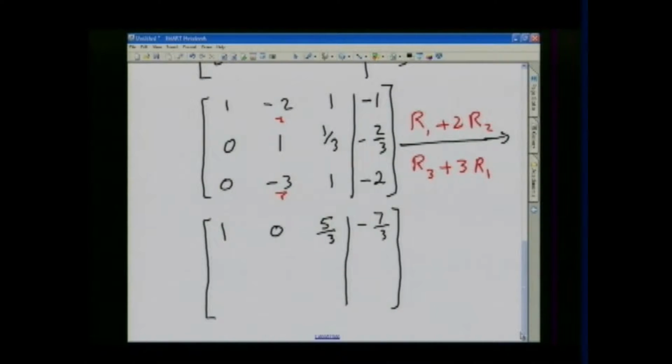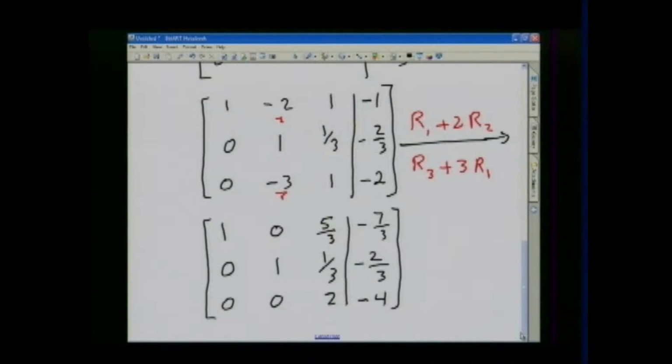My second row would be 0, 1, 1/3, minus 2/3. Nothing would happen to the second row. My third row is going to be 0, 0, 2, and minus 4.